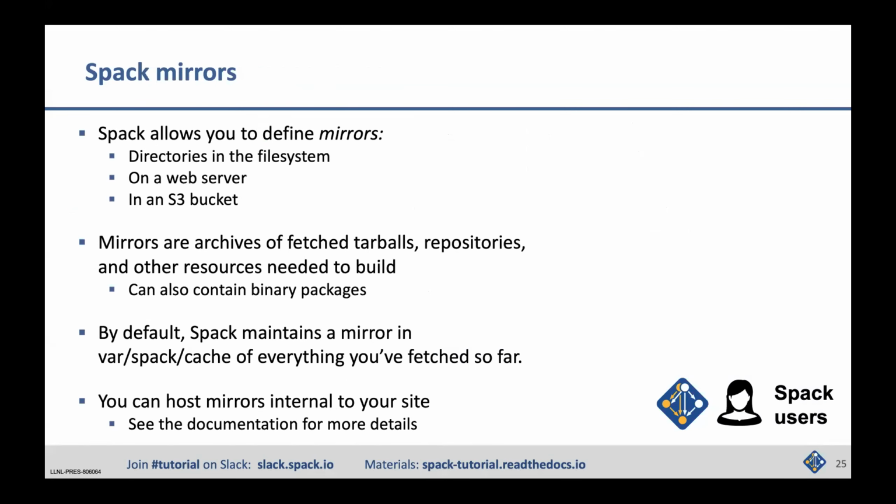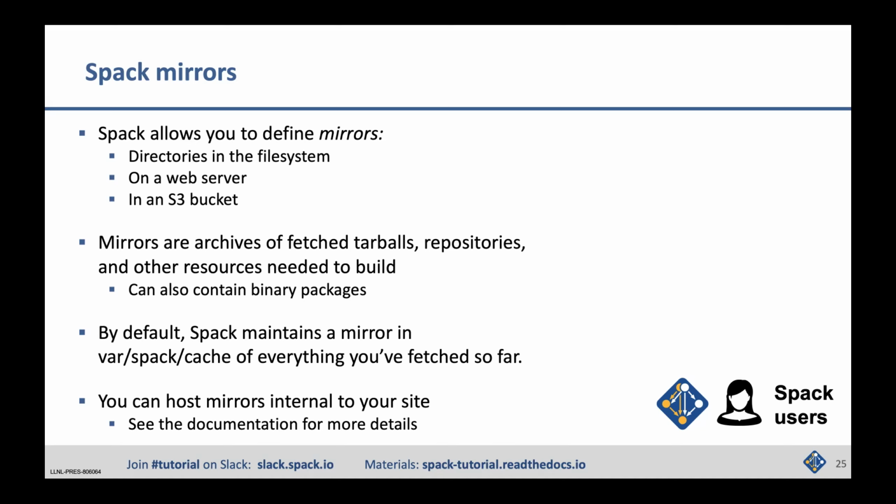Spack mirrors. We've already been dealing with Spack mirrors from the basics section. Right, we used a mirror to access the pre-built binaries for the tutorial. A mirror can be local, it can be on a web server, it can be S3, anything addressable by a URL.